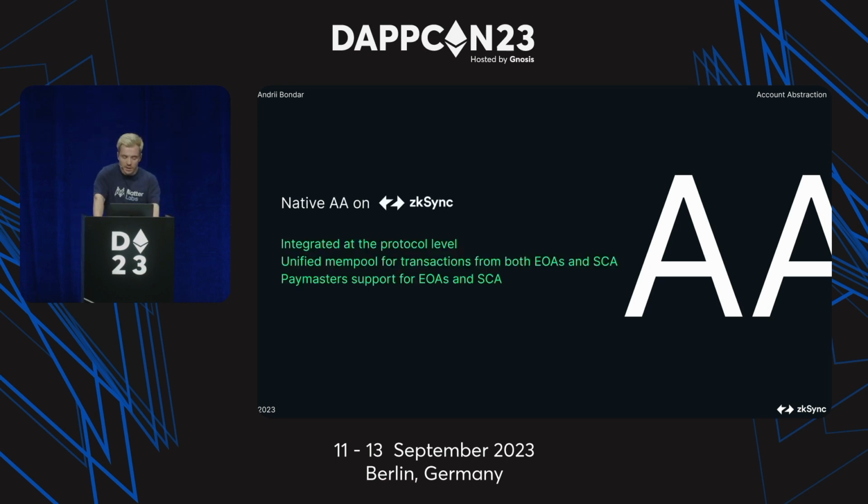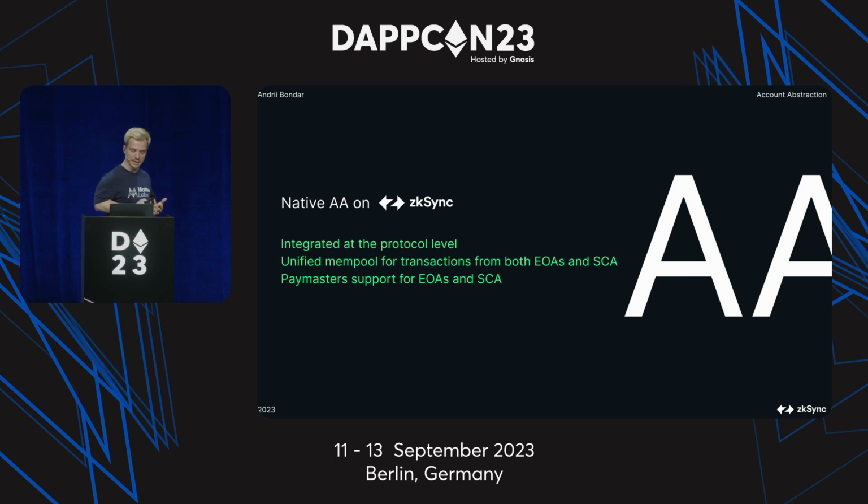zkSync supports native account abstraction. What's different in comparison with EIP 4337? For example, zkSync account abstraction is integrated at the protocol level. There is a unified mempool for externally owned accounts and smart contract accounts.